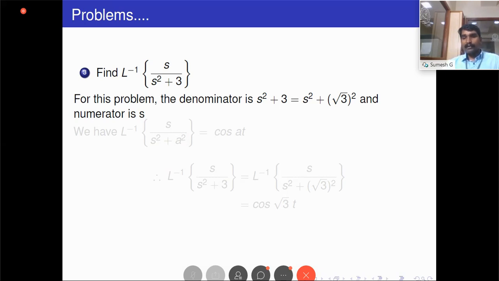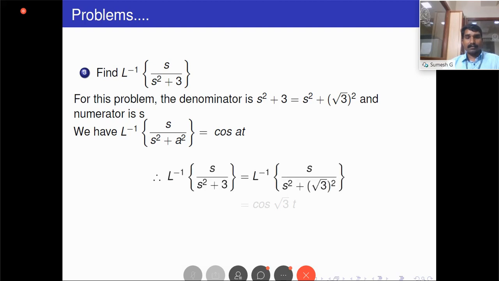Therefore, we have to consider the numerator also. Here the numerator is s. So we have to use the standard result: L inverse of s by s square plus a square equal to cos a t. In this case, a equal to root 3. So the answer is cos root 3 t.